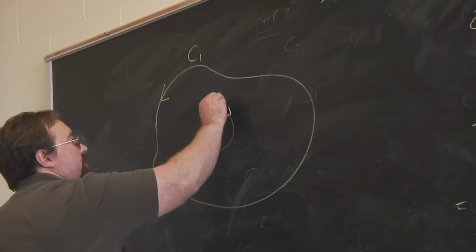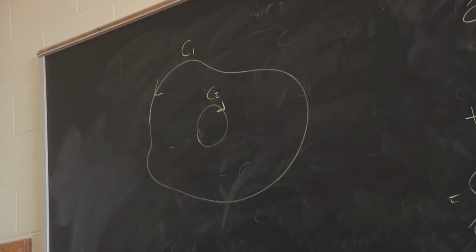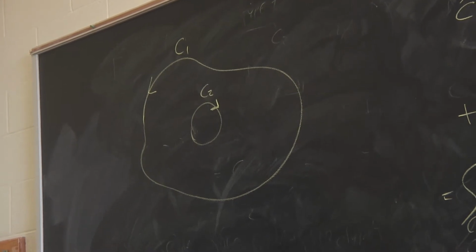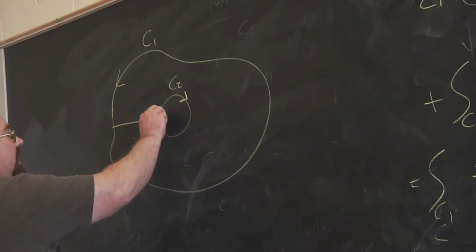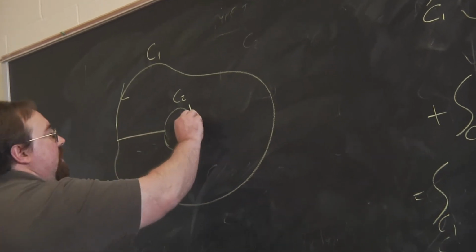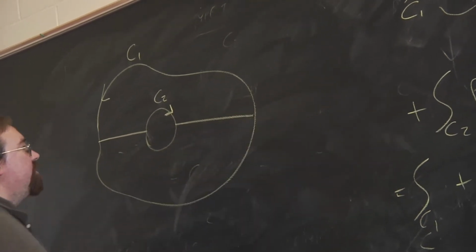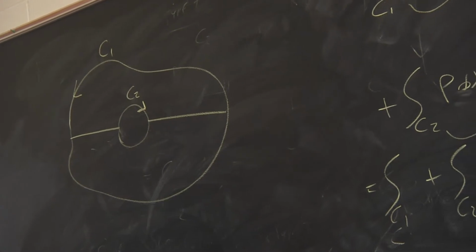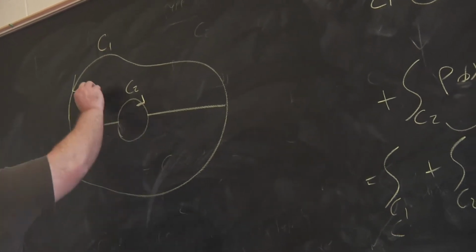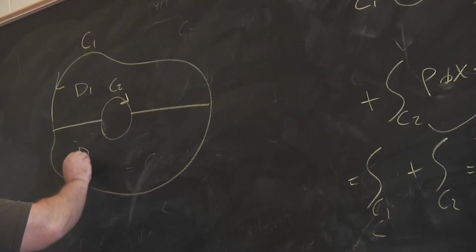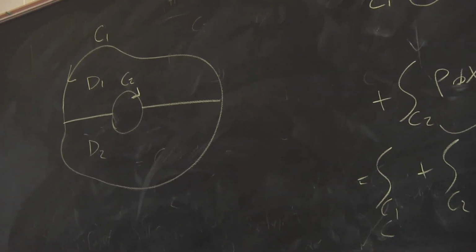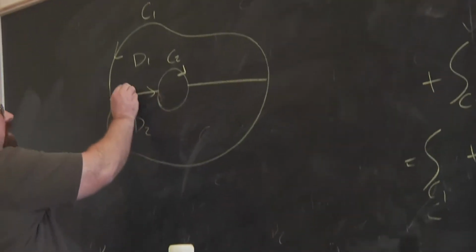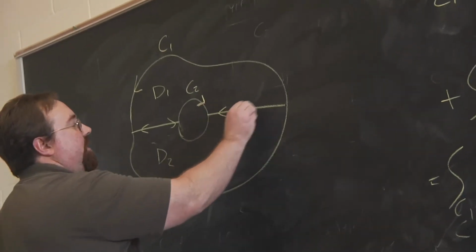And we'll call this C2. So now what you can do is, I'm going to cut this region into two regions that are simply connected. And now I can apply Green's theorem to this piece and this piece separately. Well, that's okay. And once again, the integrals over common boundaries are going to cancel.